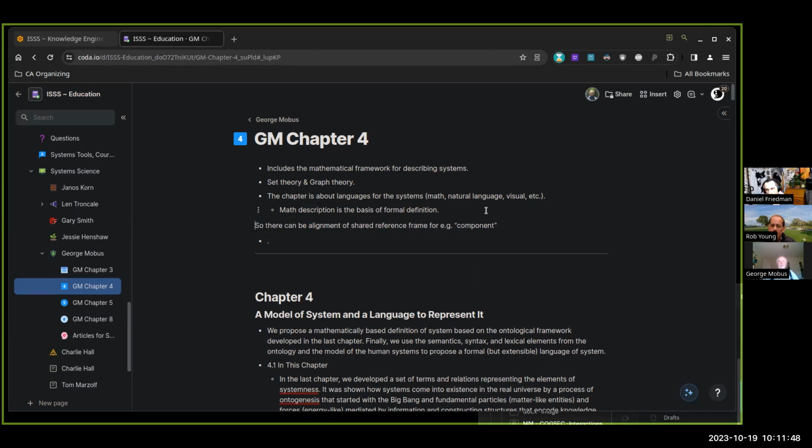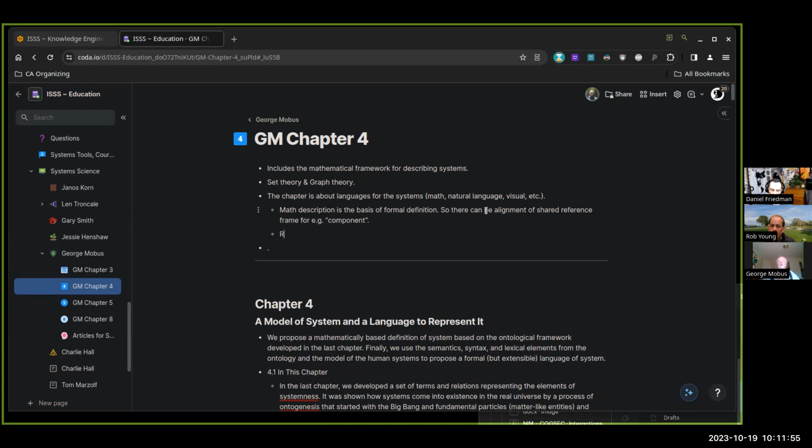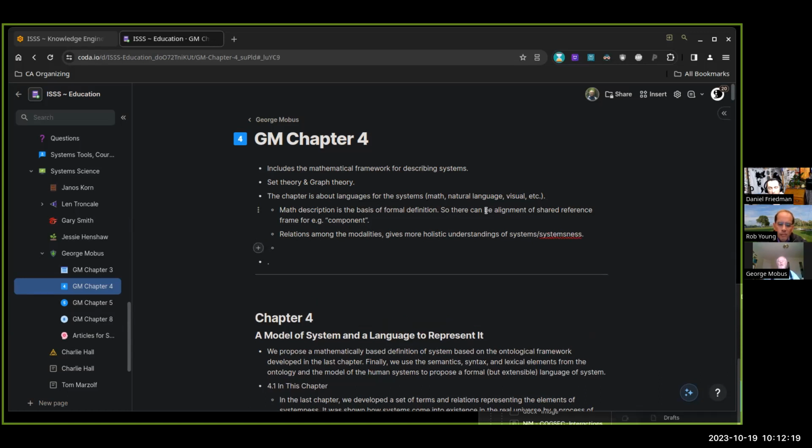And then I want to relate all of those various modalities together with each other so that we can understand how we get a holistic understanding of what a system is by virtue of having all these modes. And then we can communicate with one another via these modes as long as we understand what it is those modes contain.